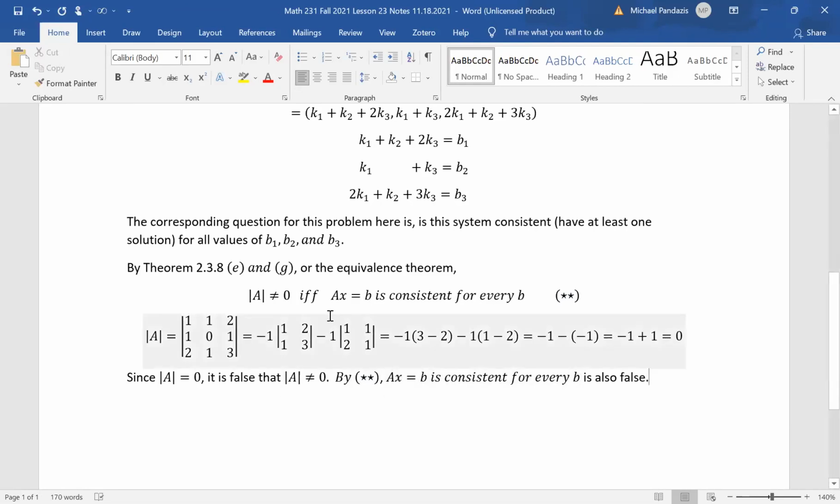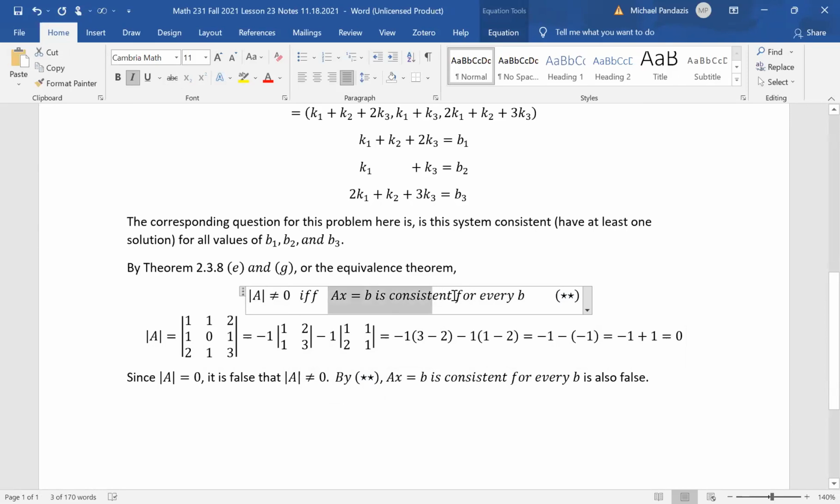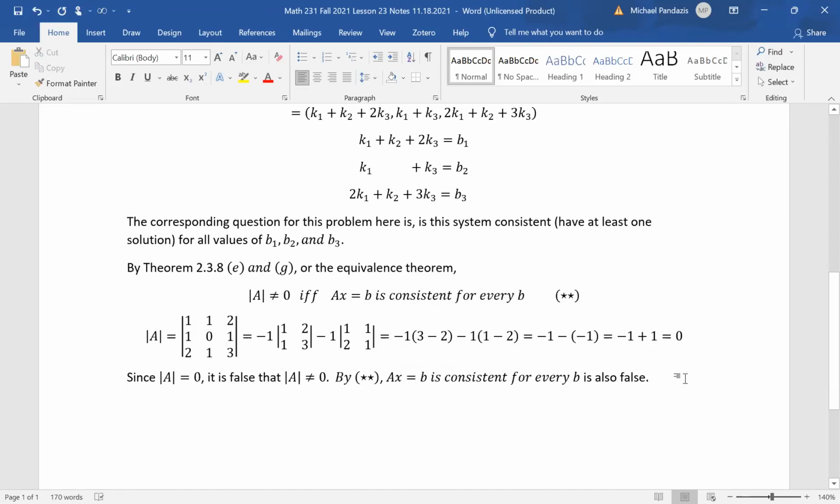Because saying one statement if and only if another statement is true is saying that both statements have the same truth value. Not that either is true or false, just that they have the same truth value. And so saying that A = 0 means that A is not 0 is false, which means that Ax = b is consistent for every b has the same truth value of false. And so by double star, we know that this statement is false.